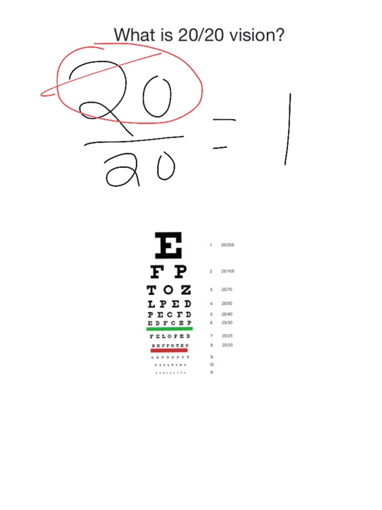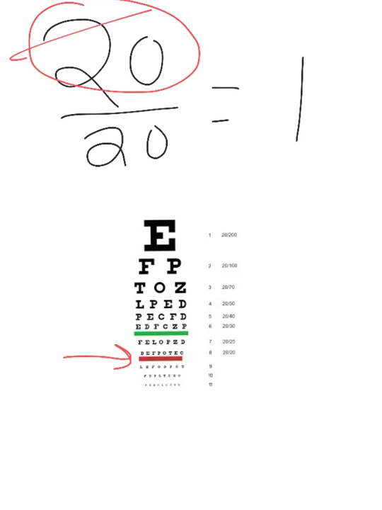So let's say if you're sitting 20 feet away and you can read this line here. If you can read that line, it means that your vision would be 20 divided by 20. This is the 20 size line.